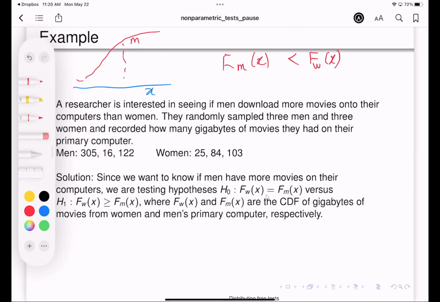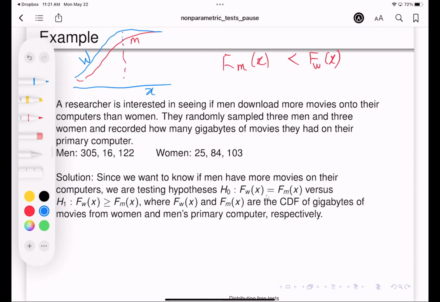So women would be bigger. If it's higher, up to here, that is more on the lower side, because more of those are less than or equal to X, which means more of the values are on the left-hand side.